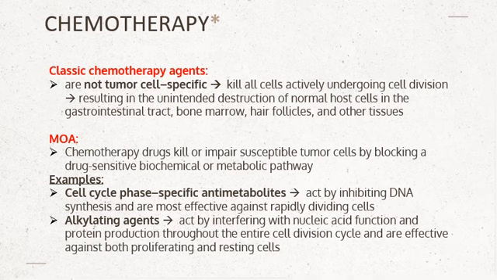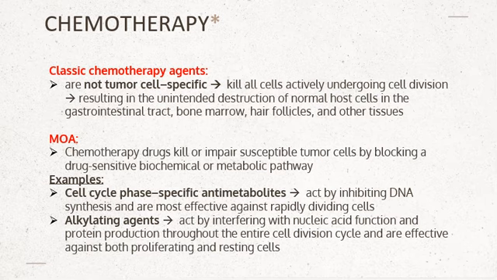So ang mode of action of your chemo drugs is to kill or impair the susceptible tumor cells by blocking a drug-sensitive biochemical or metabolic pathway. So, examples nito, you have your cell cycle phase, specific anti-metabolites. So, ibig sabihin, cell cycle phase, specific anti-metabolites, it will target a certain cell cycle phase in order to prevent the replication or the division of that type of cell.